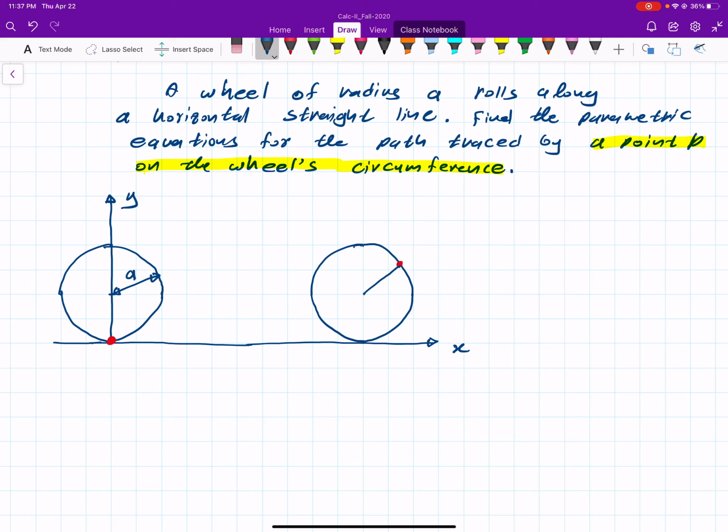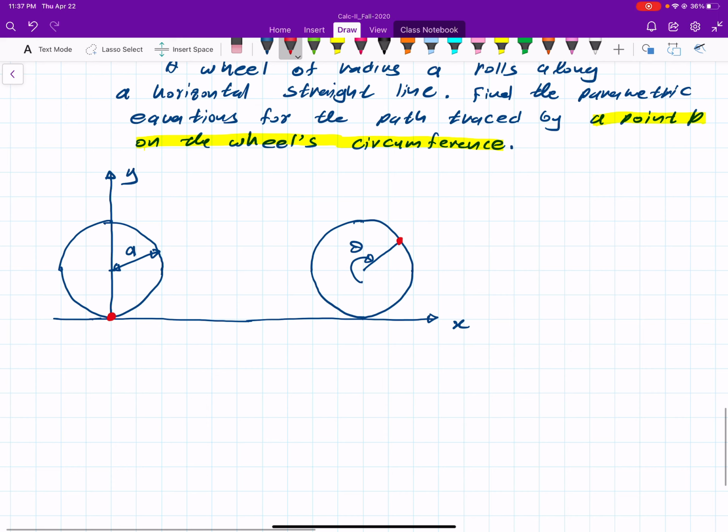It was here at the beginning. Now it has turned through an angle like that. Let's assume this angle is theta. Now this is the location of the point. Actually, it should move like this. It is hard to trace, but it should move like that. So that is the path of that point. Now we have to find a parametric equation for that.